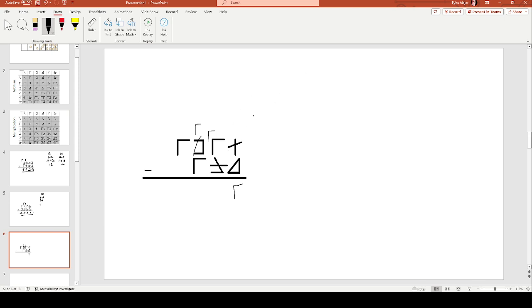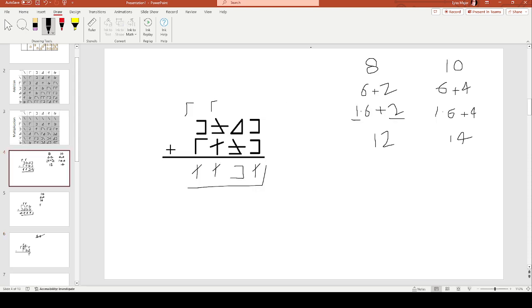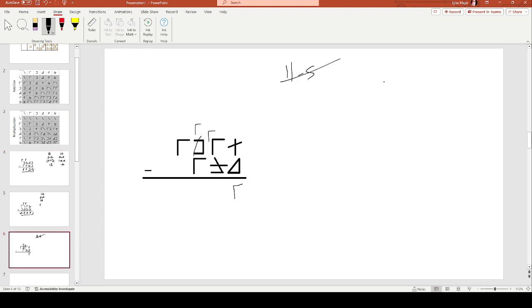This is why I've been saying 1, 1 instead of 11, because do not do 11 minus 5. That's wrong. What you have to do is convert your 1, 1 into regular numbers first. So we do that process from before, but in reverse. So now we have 1, 1, which is the same as 1 multiplied by 6 plus 1, which is 7. So actually, 1, 1 is 7.